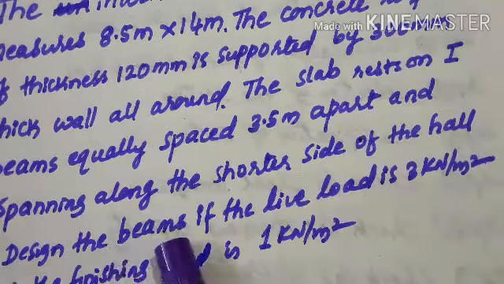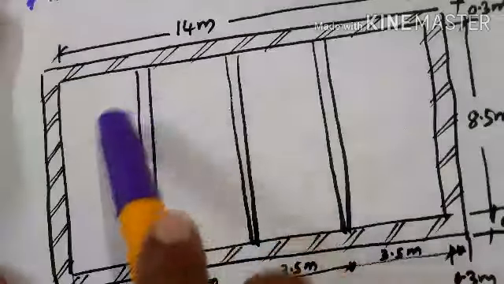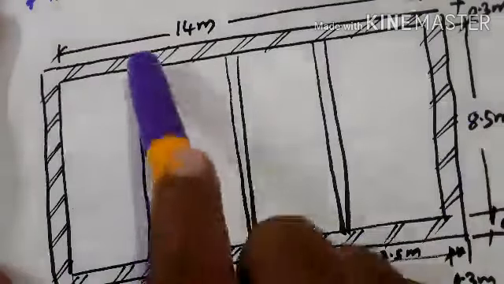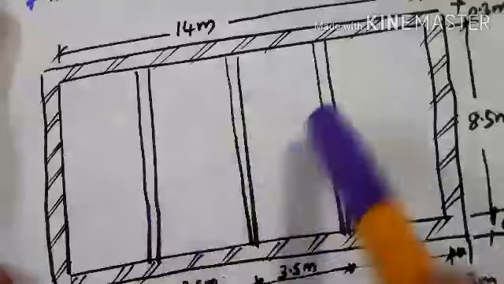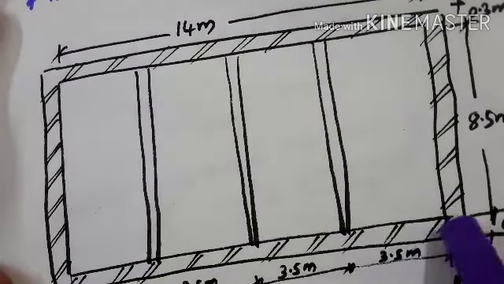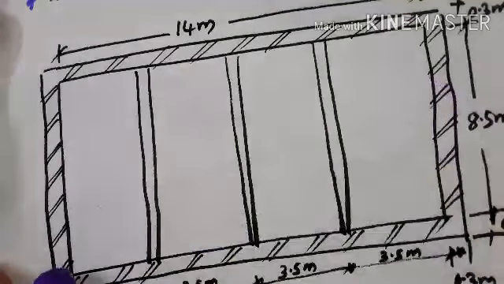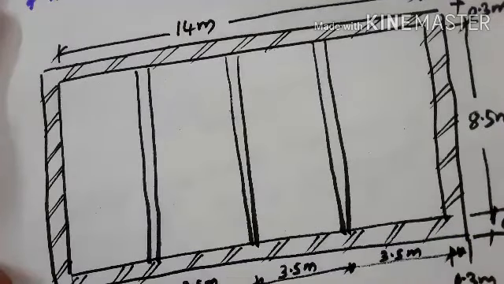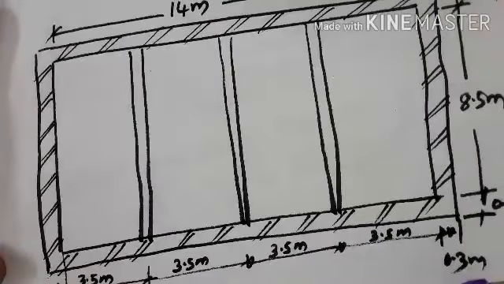This is the hall dimension, that is 14 meter by 8.5 meter, and this entire slab is resting on beams. These beams are of I section, and the wall bearing is given as 300 millimeter, that is 0.3 meter.